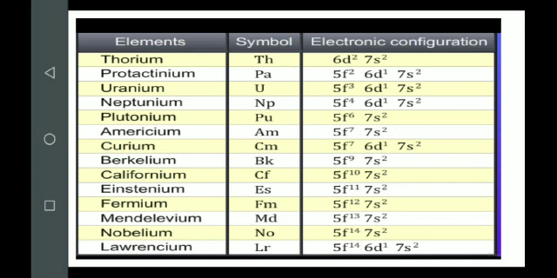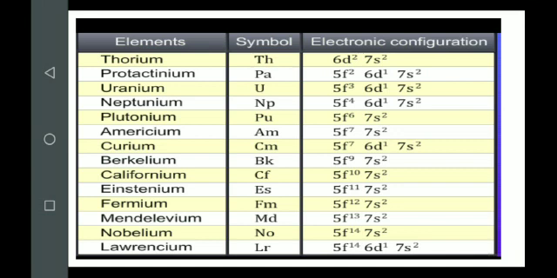But the half lives of these elements, especially the upper actinoid elements, are very high. The half life of uranium is, I think, 2.14 into 10 raised to 10 years. So it will take lakhs of years to undergo decay.